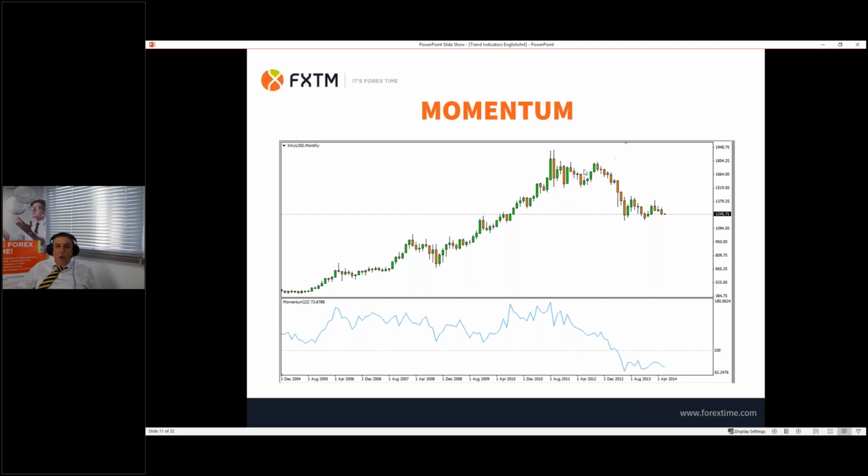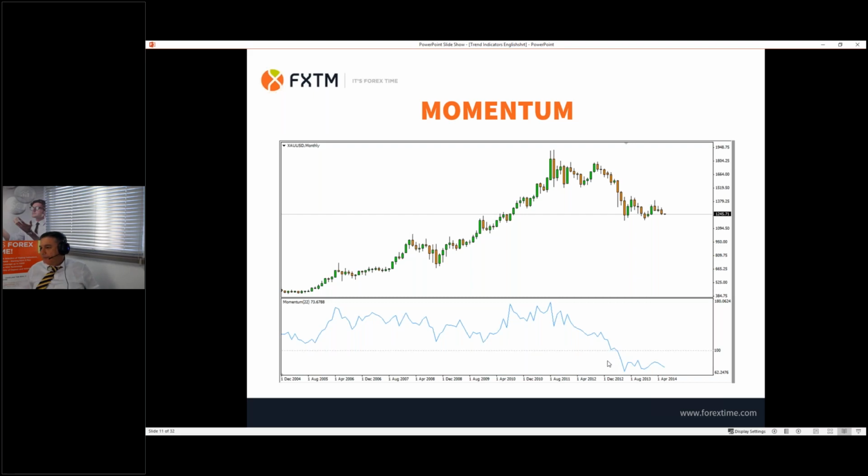But when gold reversed here and started going down, momentum dropped below the 100 line. This is exactly how we are going to use momentum to confirm our analysis. For example, in this chart we see this reversal and we believe that the market will start going lower. Then we take a look at the momentum and it confirms the analysis we just performed, so we feel more confident to sell.